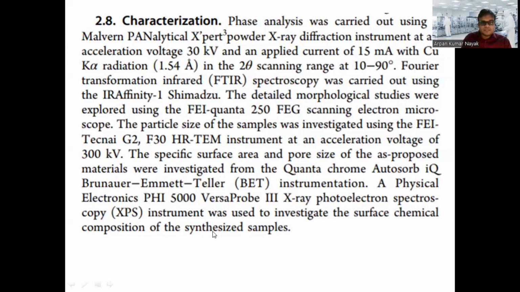For BET we mentioned the Brunauer, Emmett, Teller instruments. Similarly for XPS, the physical electronics instruments they used are also mentioned.